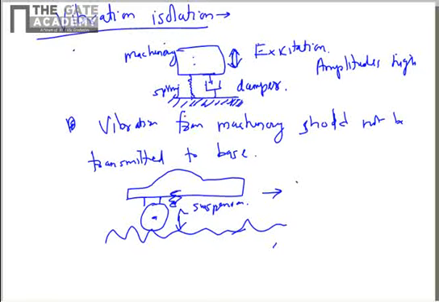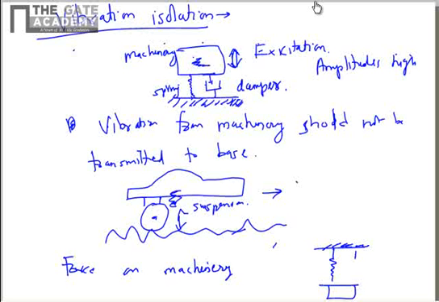In all these cases, we can divide the forces into basically two categories. One is the force on machinery, and the other is the force on structure. What we have analyzed till now is the force on machinery. We had a mass suspended from a spring and having a damper attached to it, and we considered the motion of this mass and the forces on this mass, which is now M, the machinery.